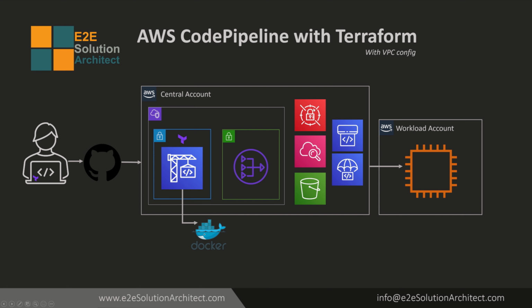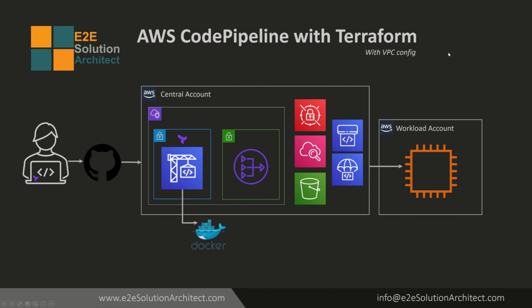Then you have your Secrets Manager where you are keeping your credentials. You will have your CloudWatch to monitor the logs. You definitely have your CodePipeline and CodeDeploy, and the S3 bucket, whether you are using it to keep your code or for your logs. And ultimately it will provision a resource in a separate workload account. So our VPC configurations are required only when you are setting up your code pipeline in a private network.